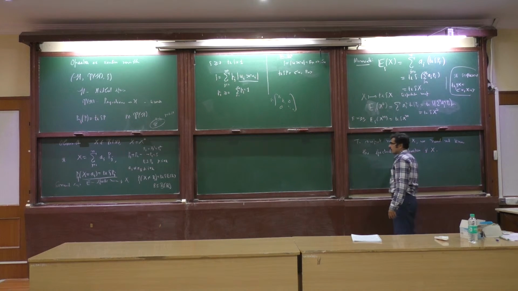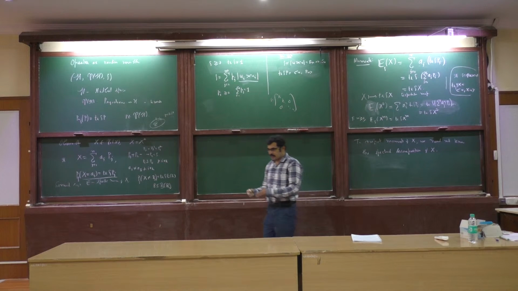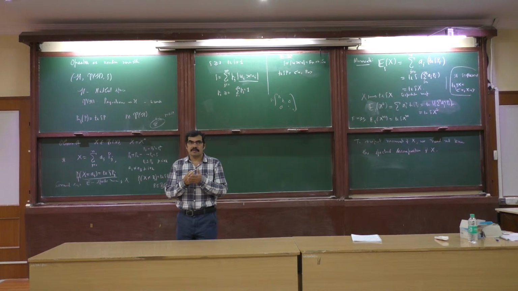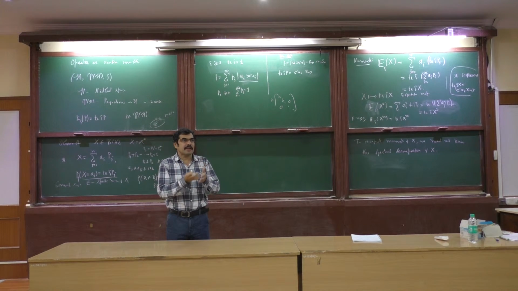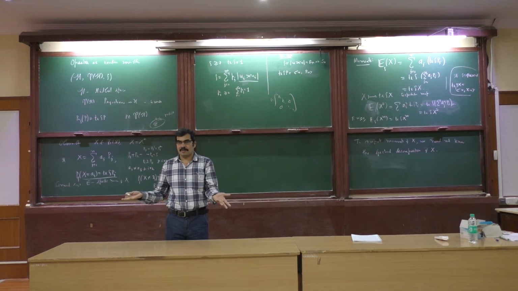This is very important because in theory it is fine, but it's very hard to get hold of the spectral decomposition. It's very easy to give examples of self-adjoint operators. You take any bounded operator A, you compute A plus A star, that is self-adjoint. Or you compute A star A, that is positive, and hence self-adjoint.